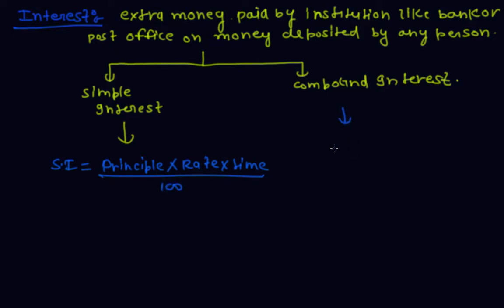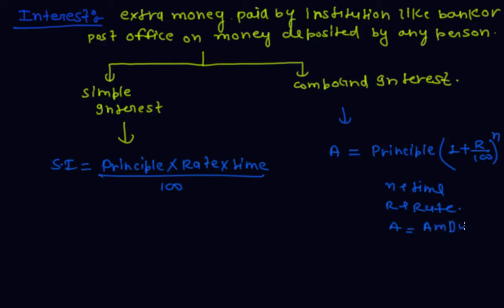And for compound interest, total amount A is equal to principal in bracket 1 plus r upon 100 to the power n, where n is the time, r is the rate, and A is the amount, which is equal to principal plus compound interest. So this is the formula to calculate simple interest and compound interest.